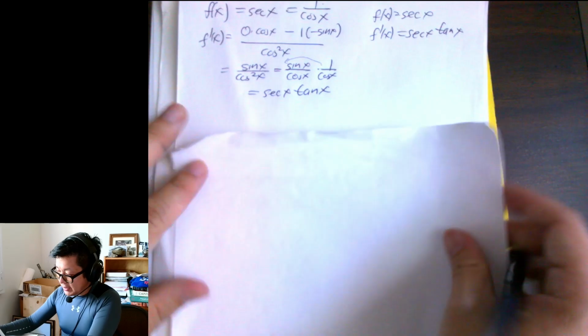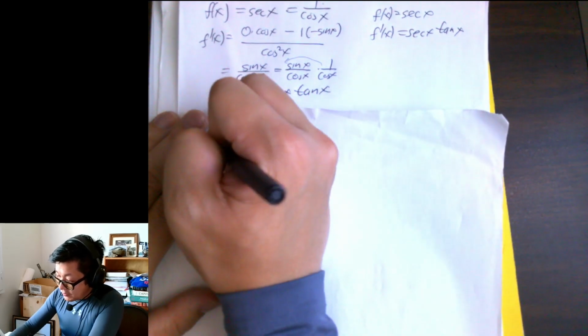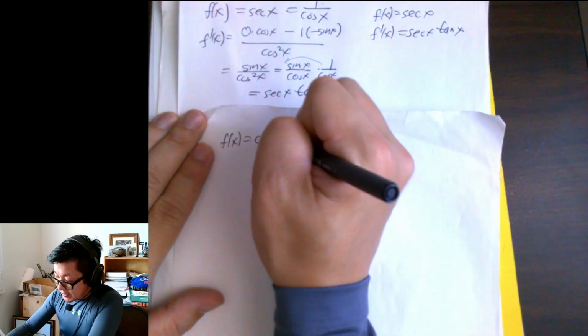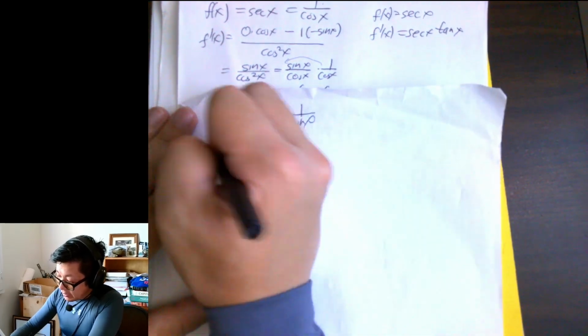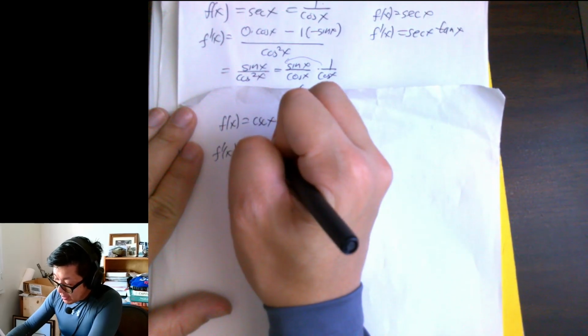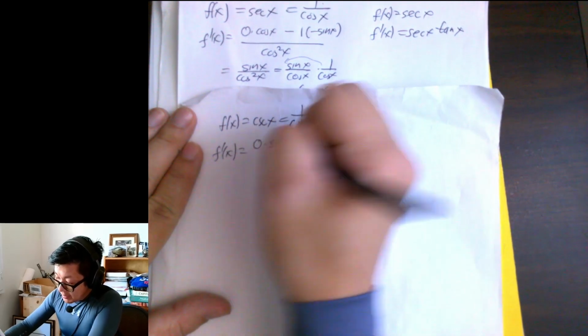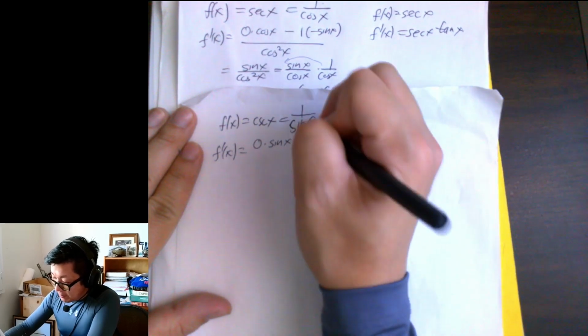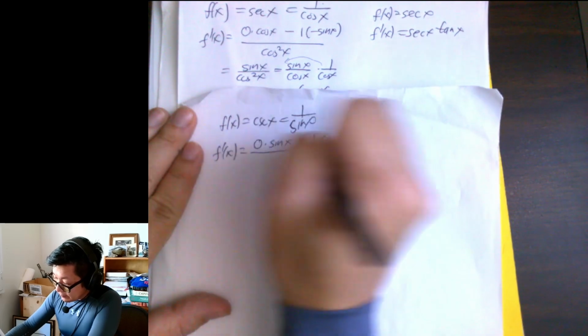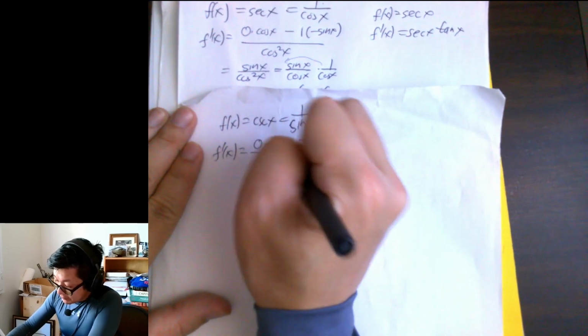Finally, if our function is cosecant x, you write that as 1 over sine x, and then apply quotient rule. Derivative of 1 is still 0, times the bottom, minus top times the derivative of the bottom, over the bottom squared.